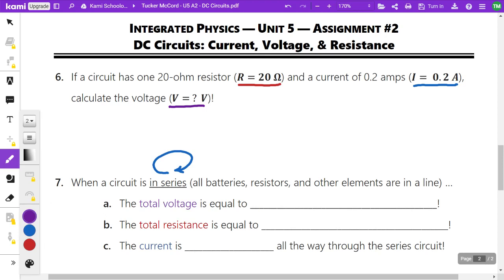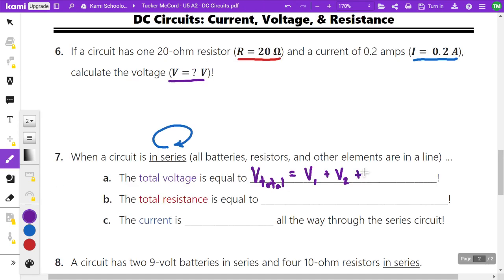So maybe you have V total equal to V1, which would be the voltage of one of your batteries, plus V2, which would be the voltage of a second battery, if that was in the loop of the circuit in series. If you have a third battery, we would add V3. And you could do this for as many batteries as you have.